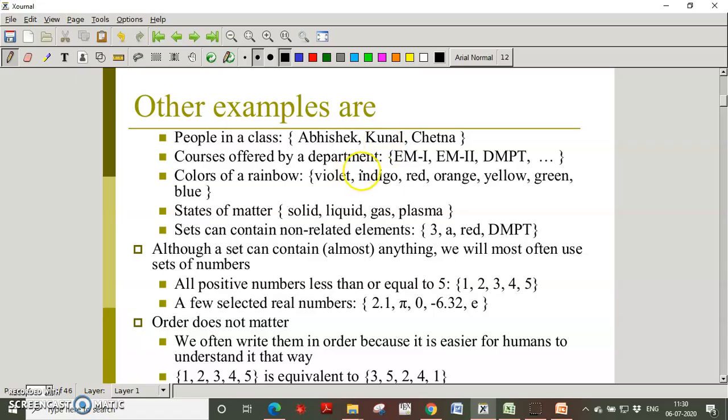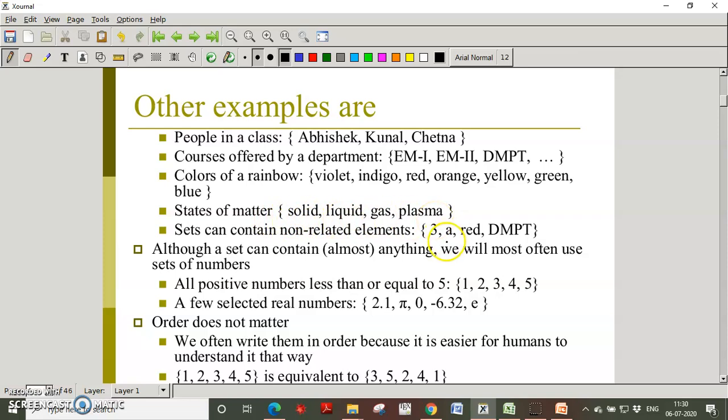Courses offered by the department: I have taken a few selected subjects, Engineering Mathematics first, second, DMPT, M3 and so on. Colors of the rainbow: violet, indigo, blue, green, yellow, orange, red. These are examples of sets. States of matter: solid, liquid, gas, plasma.